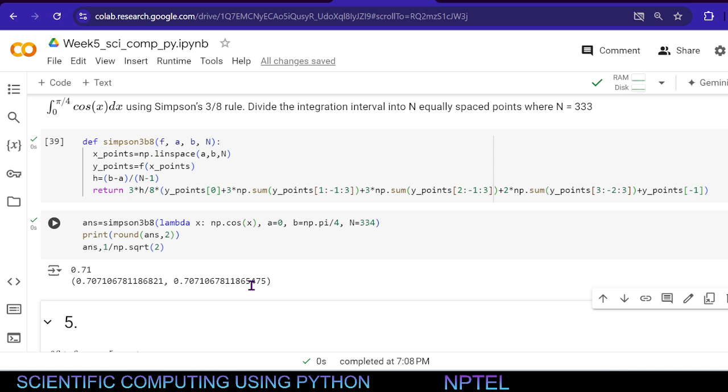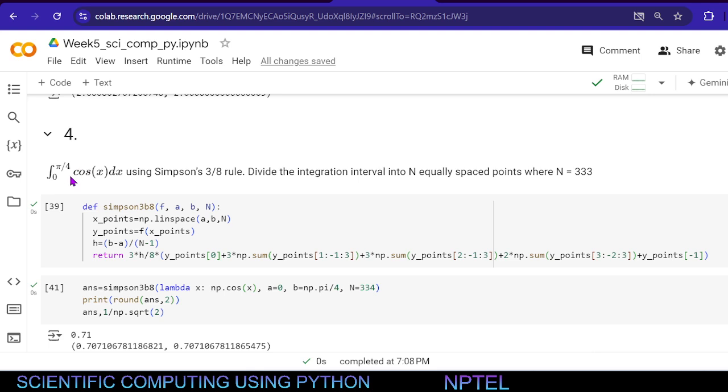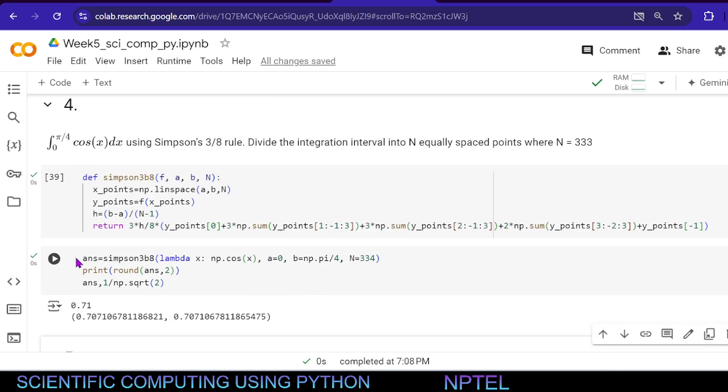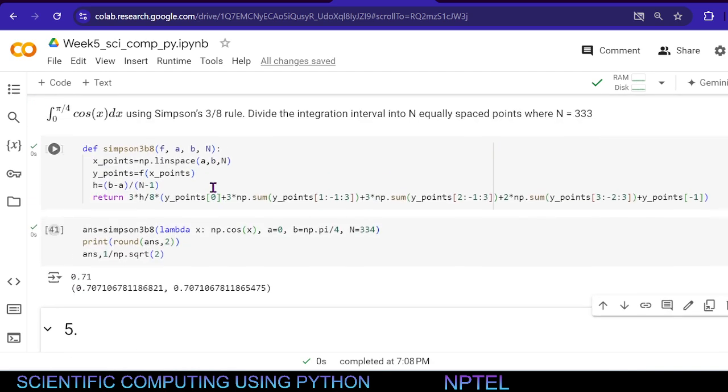In fact, how many? Maybe 10 or something like that. Okay. Why 1 by root 2? Because it's integral of cosine of x, which is sine x. So sine pi by 4, which is 1 by root 2, right? Minus sine of 0, which is 0. So it's 1 by root 2. So quite good. Anybody has any questions?